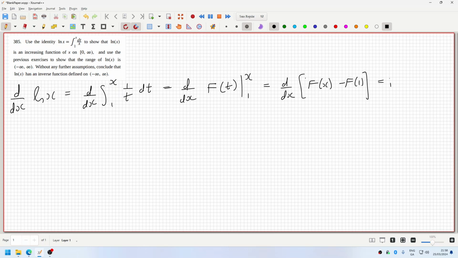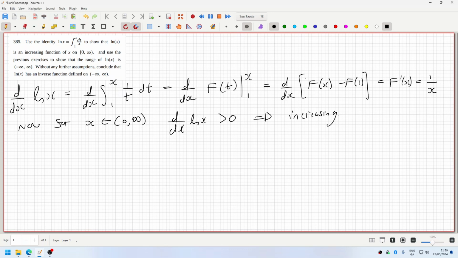So that would be the derivative of f(x), which would be 1 over x. Now, for x in (0, infinity), the derivative of log x would be positive, which means increasing. Okay, so I'm more satisfied now.